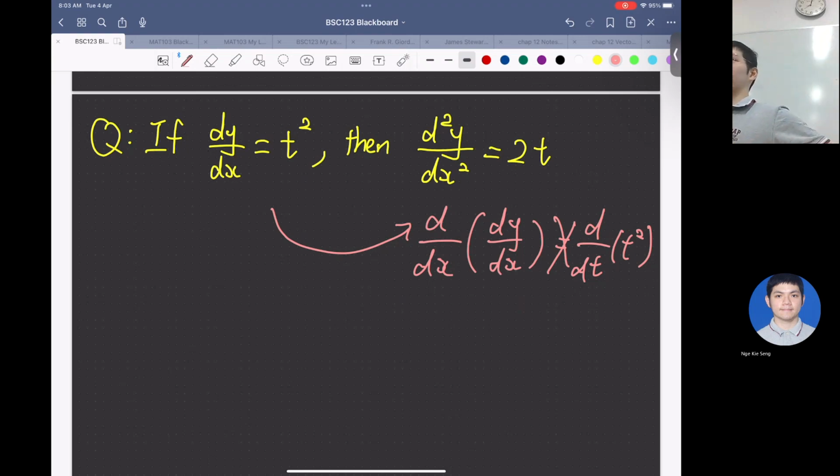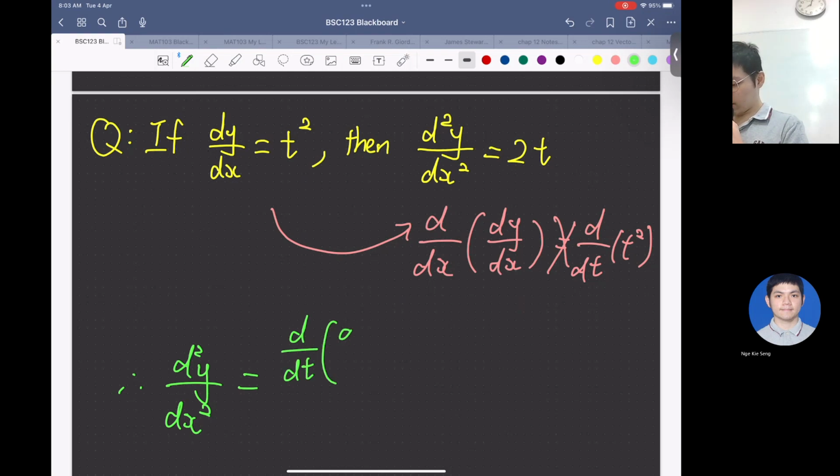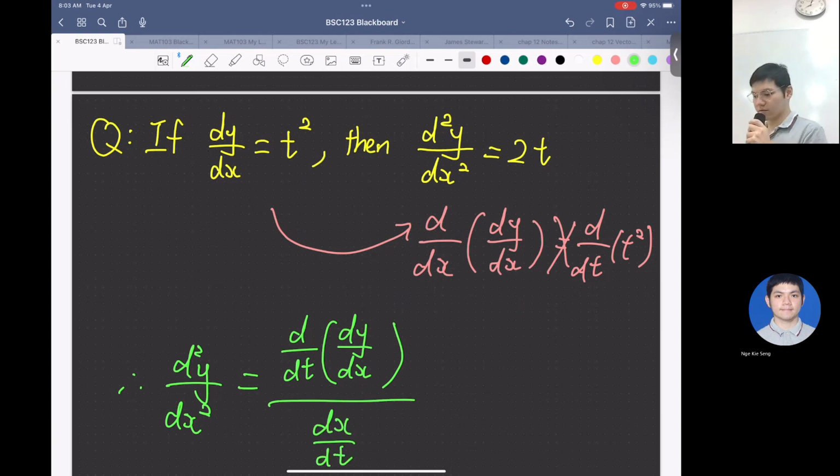So what do you do? How do you compute the second derivative? You use the formula from the chain rule: the second derivative is d/dt of (dy/dx) over dx/dt.